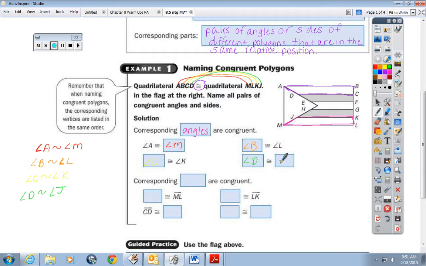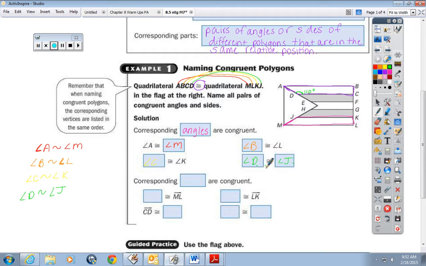So if I knew the measure of D, let's say this angle right here, that's an obtuse angle, was 110 degrees, guess what angle J would be? 110 degrees, because when they are congruent, they are equal.